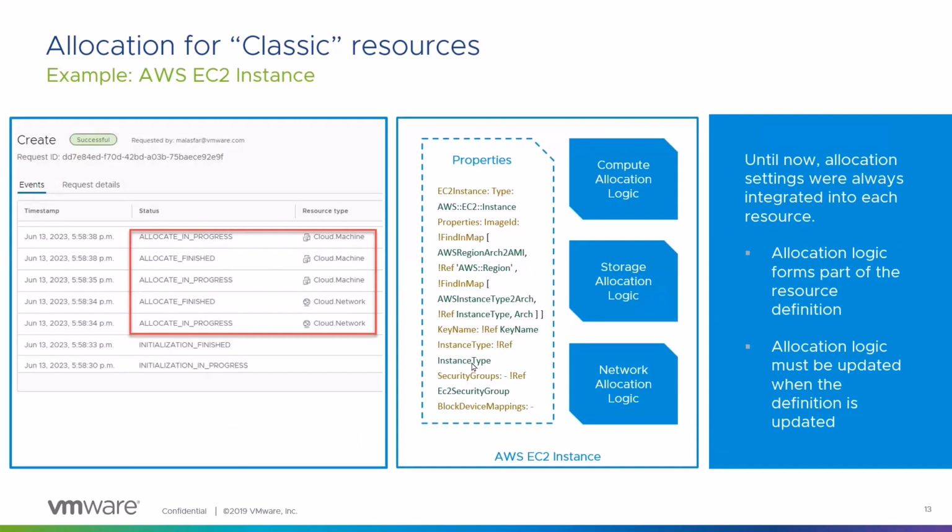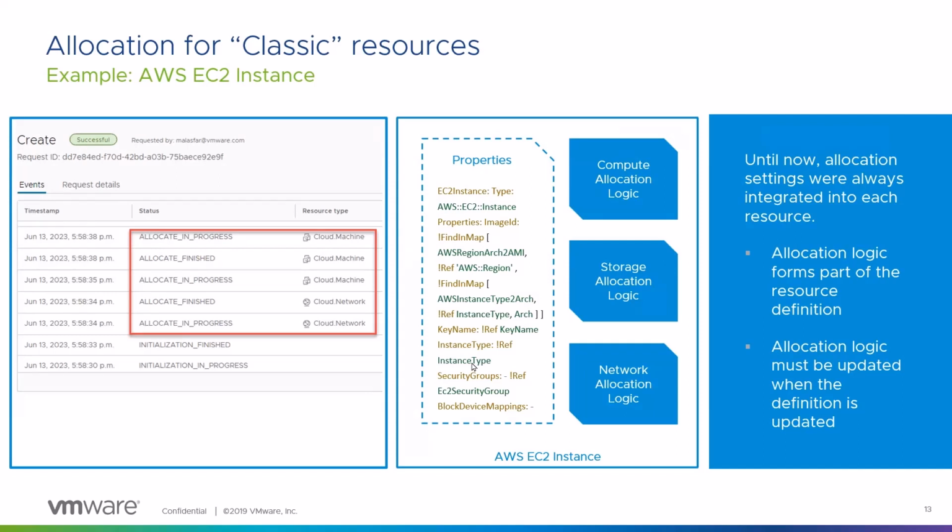For classic resources, historically and until now, the allocation settings were always integrated in each of the resource elements that we drag and drop on the canvas of the VMware Cloud template. The allocation logic forms a part of the resource definition within the classic resource, and the allocation logic must be updated when the definition itself is updated.